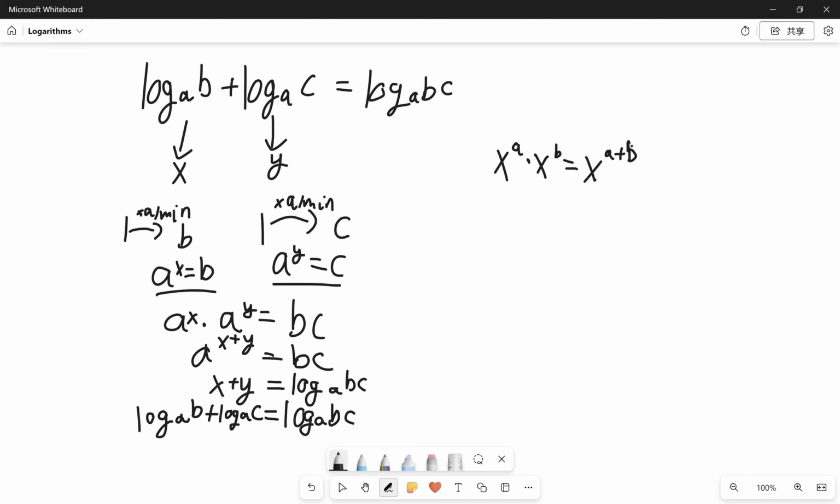Meaning that if you multiply x to the power of a by x to the power of b, then the exponents add. Here, if you add log base a of b plus log base a of c, you multiply b and c. So one is multiplication leads to addition. The second one is addition leads to multiplication. So these are also inverse.